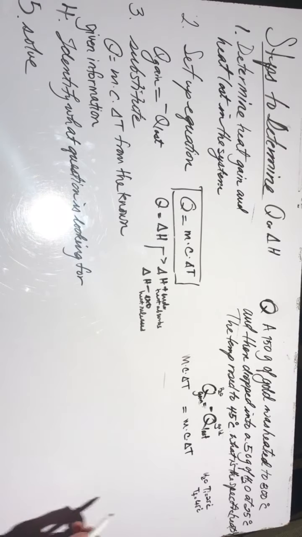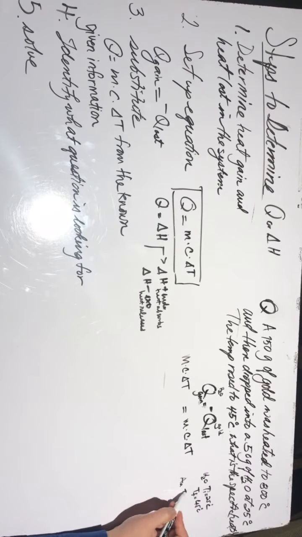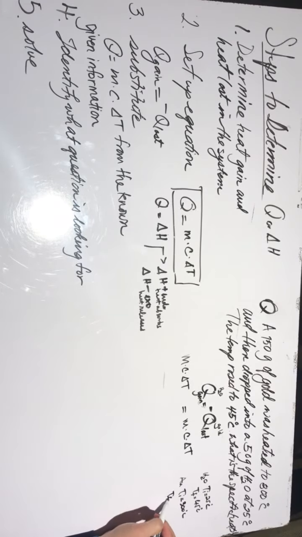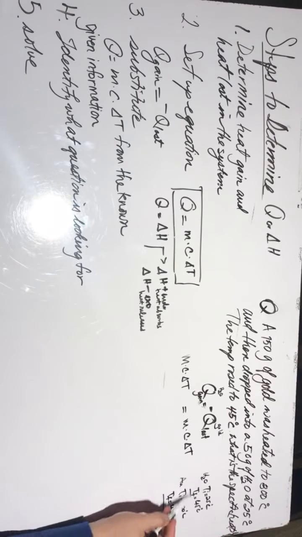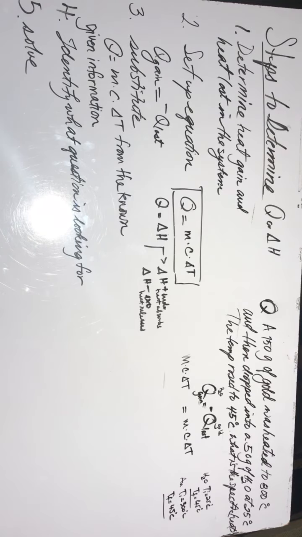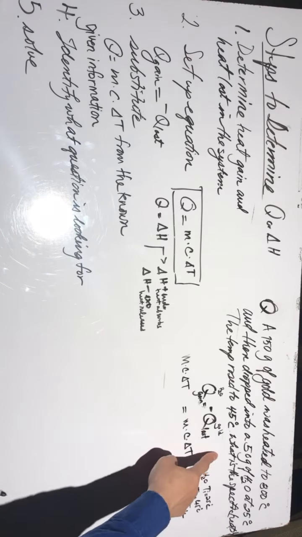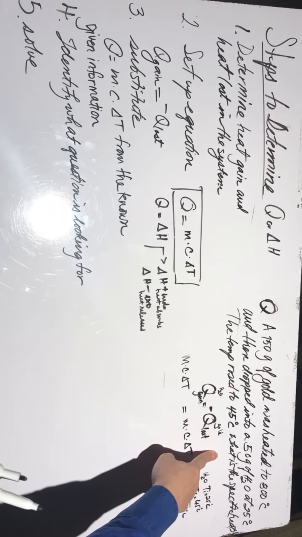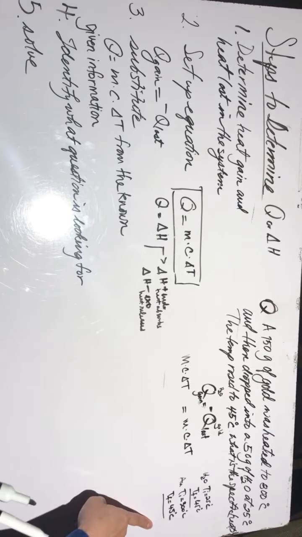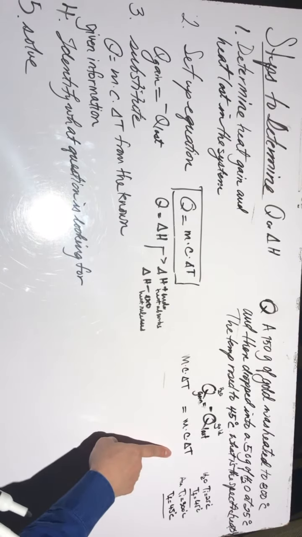And also gold, Ti is 300, it loses heat, and the final temperature is equal to 45 degrees Celsius. As you can see, they have the same final temperature. So in the system, the final temperature should be the same. So now I'm going to set up. I finished determining heat gain and heat loss by looking at the temperature differences, and set up the equations.